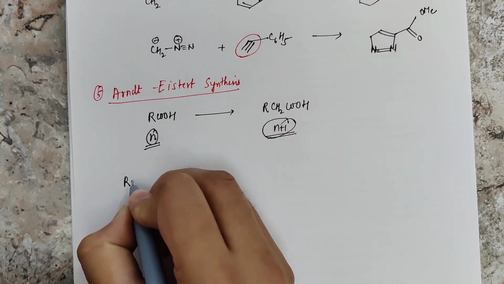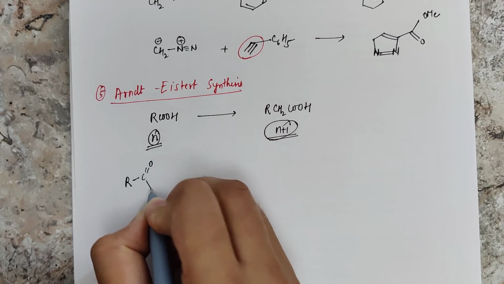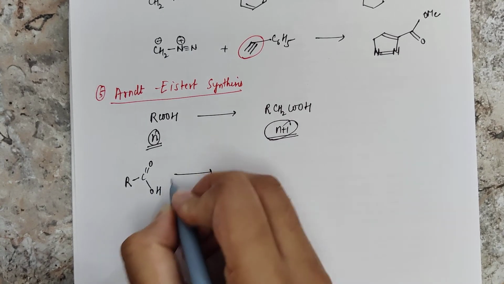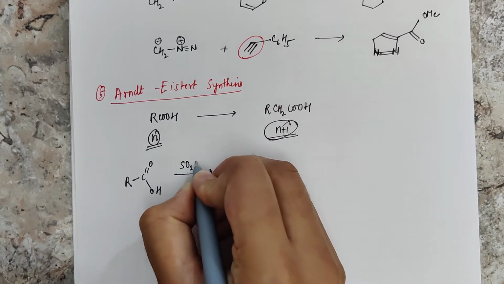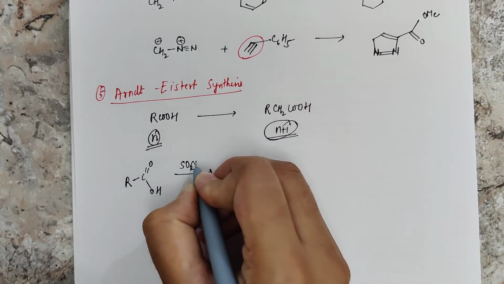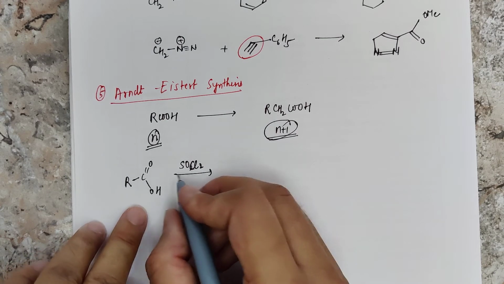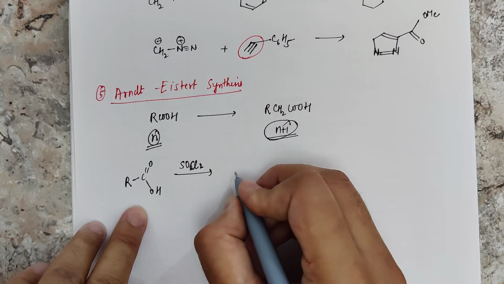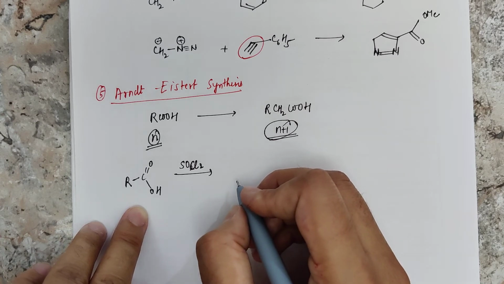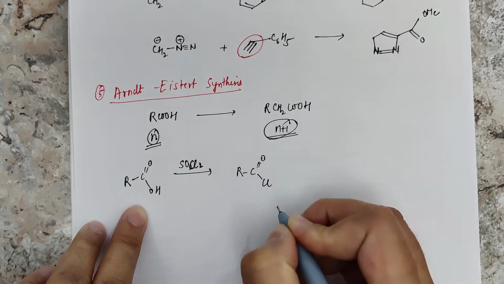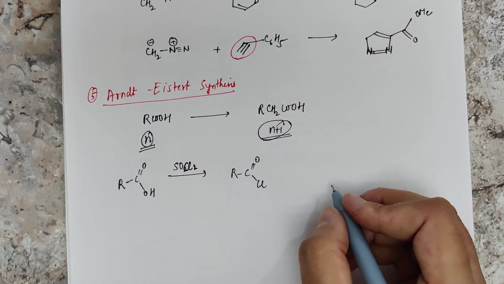I'll just take the general carboxylic acid only. The first step is to activate the carboxylic acid. Sorry, SOCl2. When we react the carboxylic acid with SOCl2, basically what we are doing, we're converting carboxylic acid to acid chloride. So this.